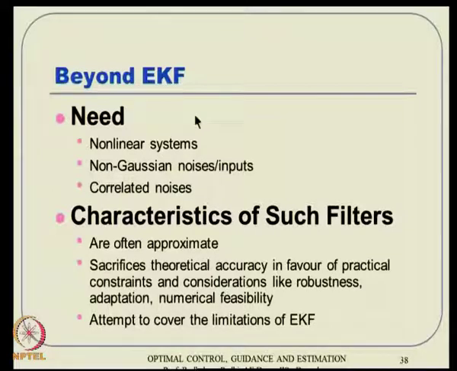The characteristics of such filters are that they are often approximate, and they sacrifice theoretical accuracy in favor of practical constraints and considerations like robustness, adaptation, numerical feasibility. But then you have to sacrifice theoretical accuracy a little bit there. So, essentially the attempts are there to cover the limitations of EKF, that is the fundamental idea.